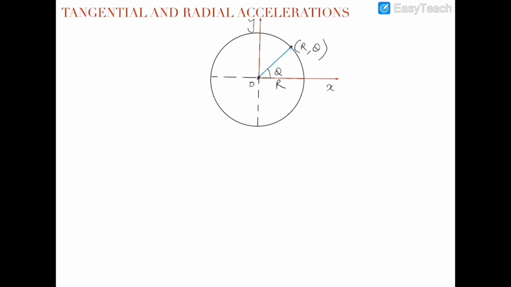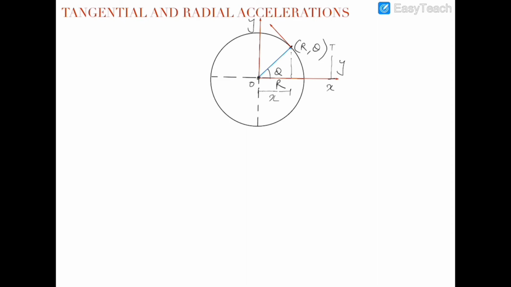Which means that this distance is x and this distance is y. So the velocity of the particle will be tangentially aligned like that.